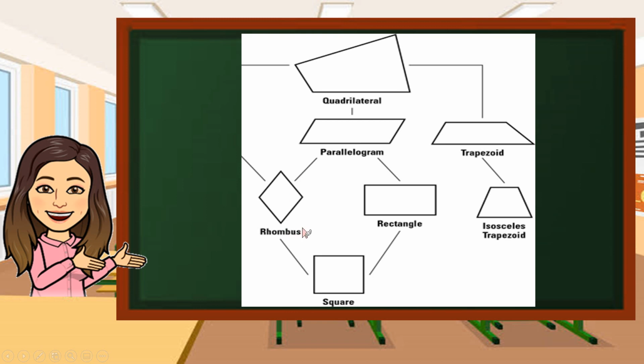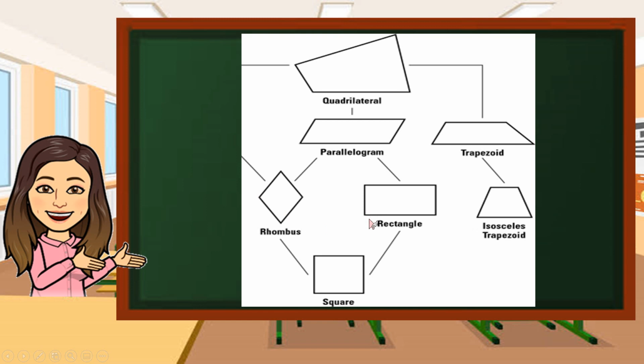Okay, class, I just resized the image so that on your screen you will surely see the correct size, like the square and the rectangle. Okay. So as you can see, the square is somewhat the son of the rhombus and rectangle, wherein all sides of it are congruent, just like the rhombus.